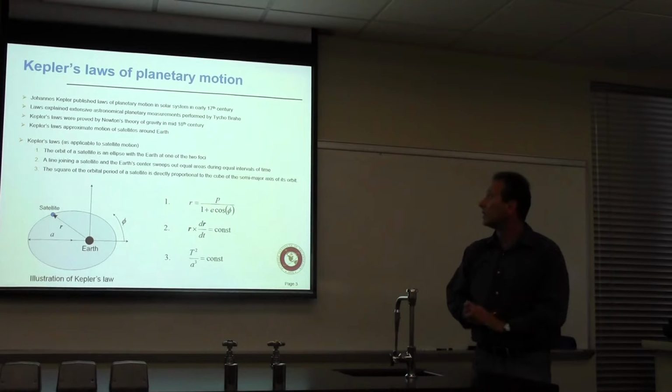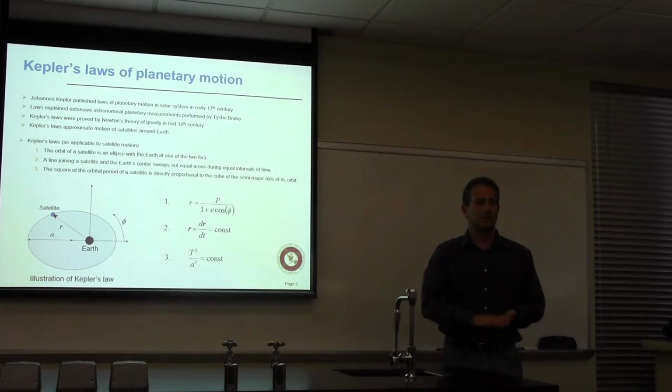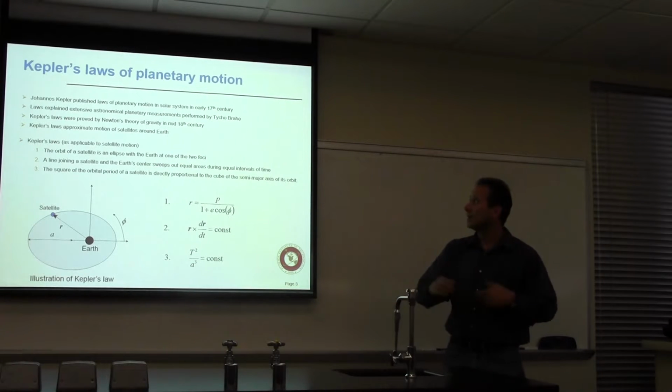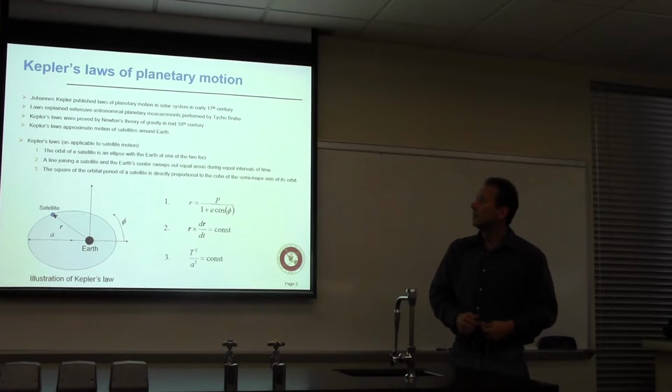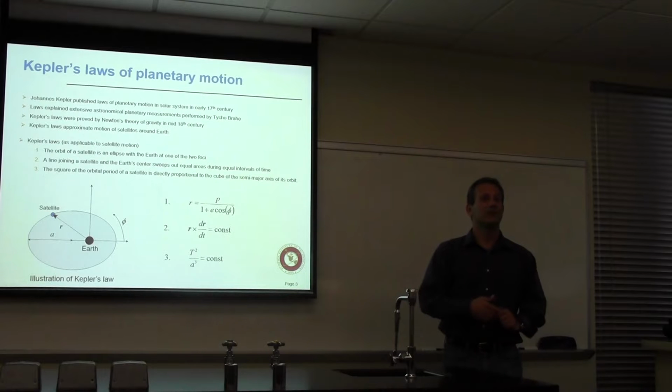Measured data were collected by this gentleman, Tycho Brahe. He had very detailed measurements of the positions of the planets and how that evolves through time. And what Kepler did, based on these measurements, he generalized them and fit these equations without actually knowing the laws of gravity, without even knowing calculus.